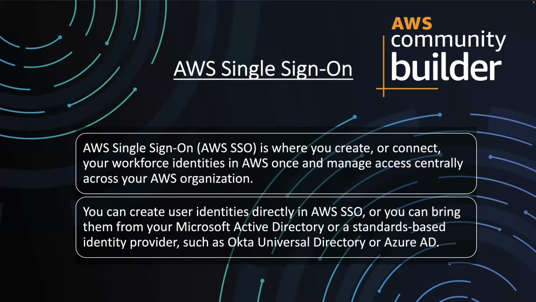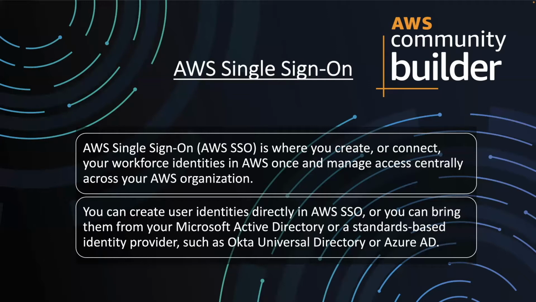AWS Single Sign-On, also called AWS SSO, is where you create or connect your workforce identities in AWS once, and then you manage access centrally across your AWS organizations. AWS Organizations basically gives you a more granular approach to provide access controls to such users.